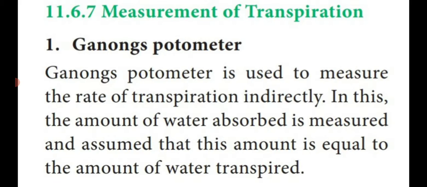This Ganong's potometer works on the assumption that the amount of water absorbed is measured and is equal to the amount of water transpired. So the amount of water absorbed through the root region is equal to the amount of water transpired through the stomata.